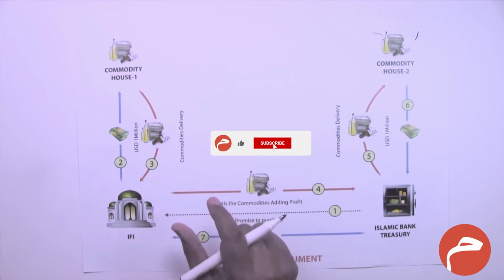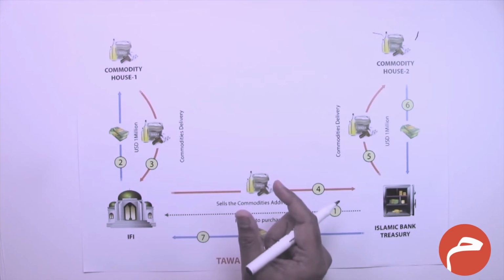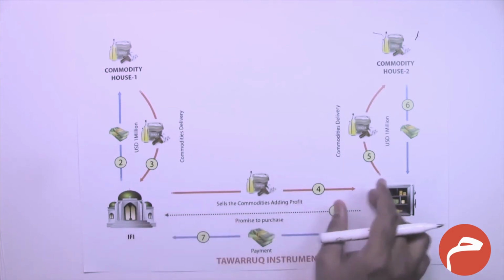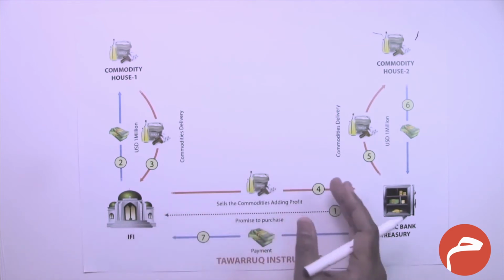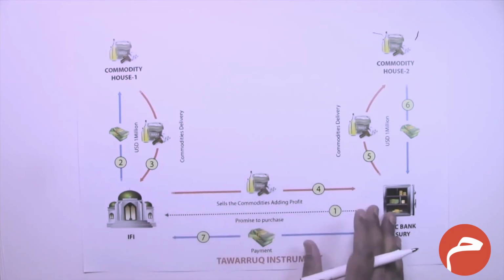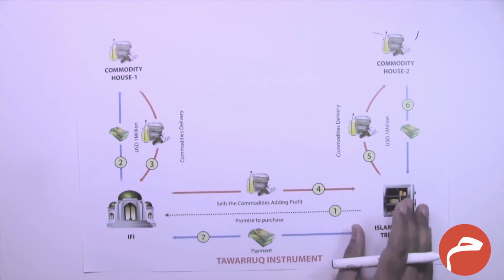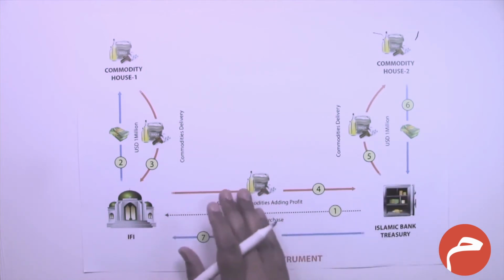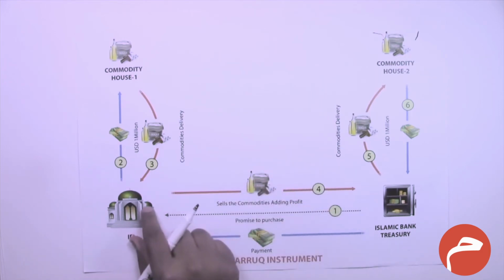The calculation of this profit could be linked to a benchmark, which could be anything agreed between these two entities, for example LIBOR or any other benchmark agreed between the two parties. If this institution requires funding for 1 month, it could be, for example, a 1 month LIBOR used as a benchmark for profit.